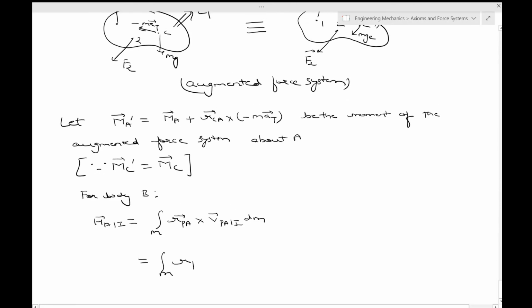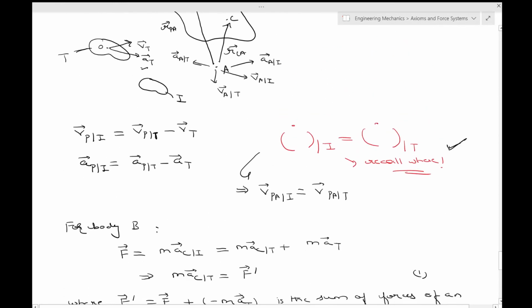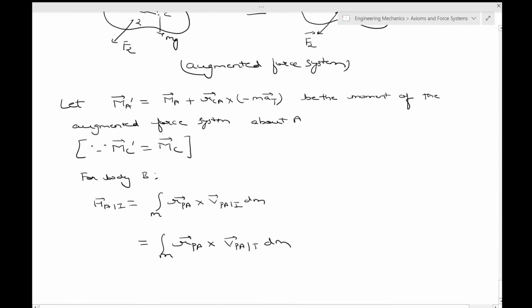Now this is RPA cross VPA in the T frame because of this, and hence this means that this is HA in the T frame.